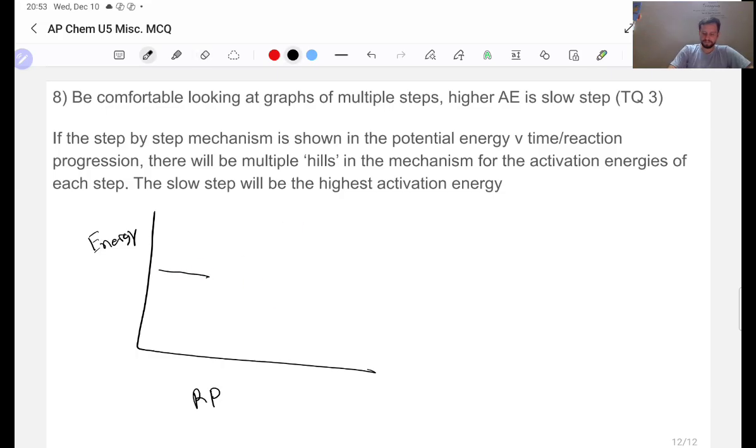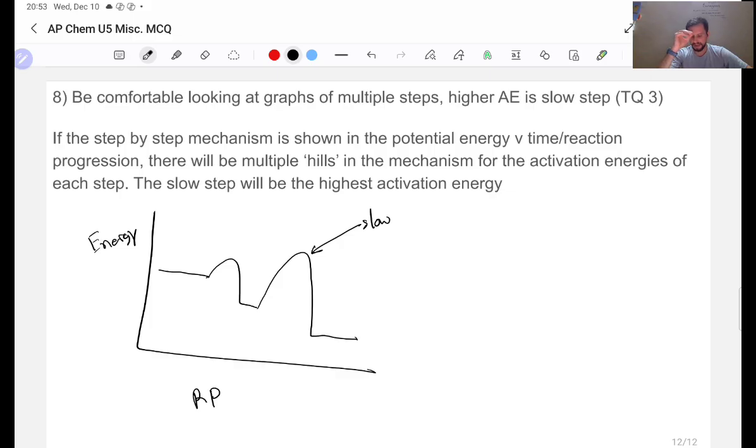Well, if it gives you something like this, and there are multiple steps, then whatever's the highest hill, that's the slow step. So just keep that in mind. If it's giving you a multi-step mechanism and asking to identify which one fits, the highest hill must be the slow step.